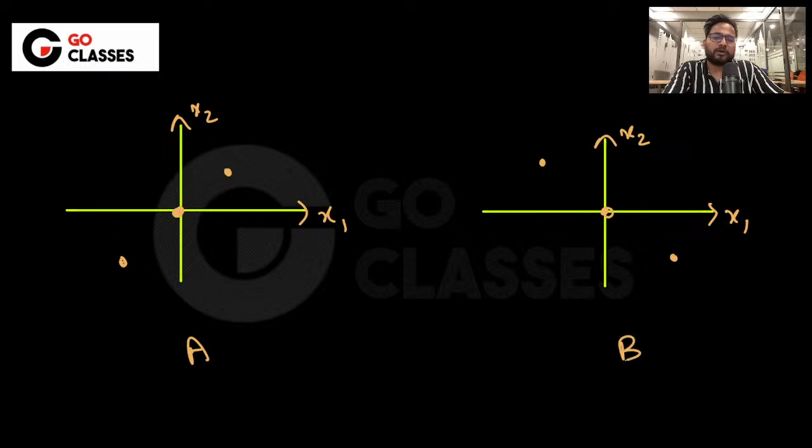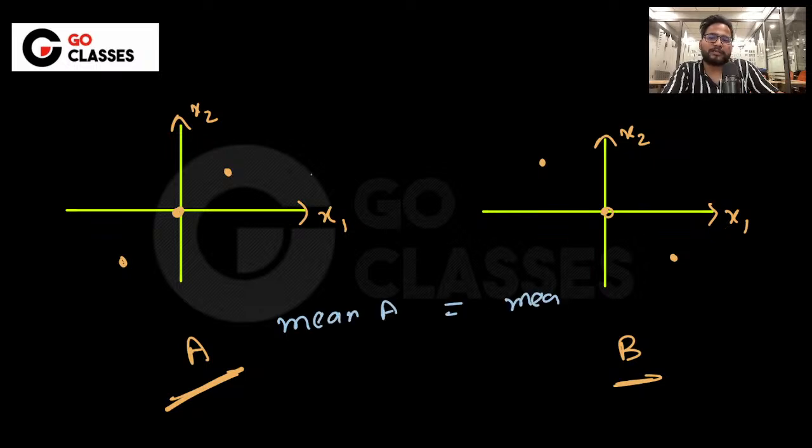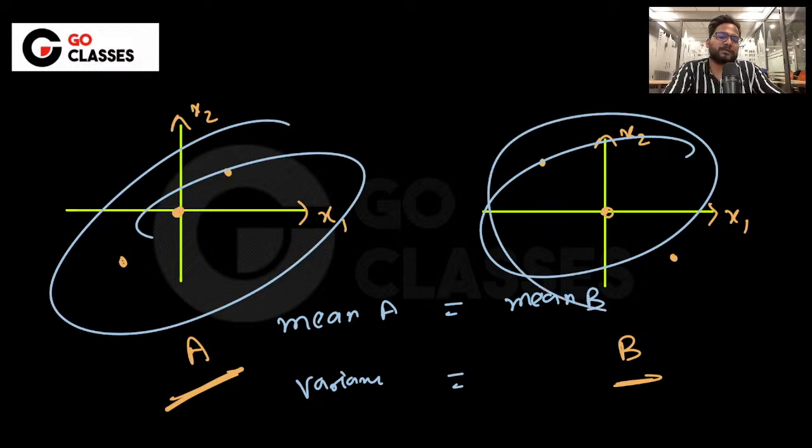The covariance and these things could be different, but yes, the mean of A is the same as the mean of B. The average is anyway 0, right? So the mean of A is the same as the mean of B. And similarly, if you calculate the variance, the variance will also be the same, right? But the data sets could be different. That's what I'm saying. Data sets could be different.